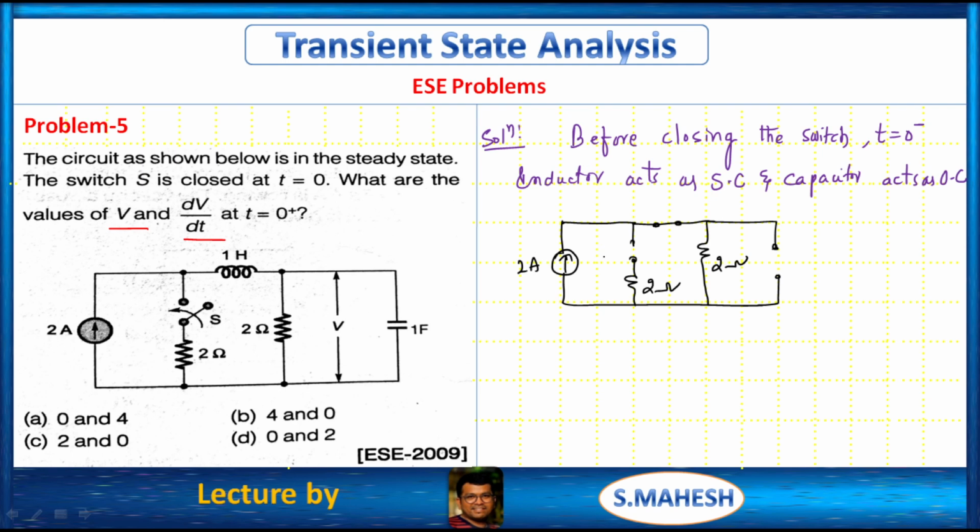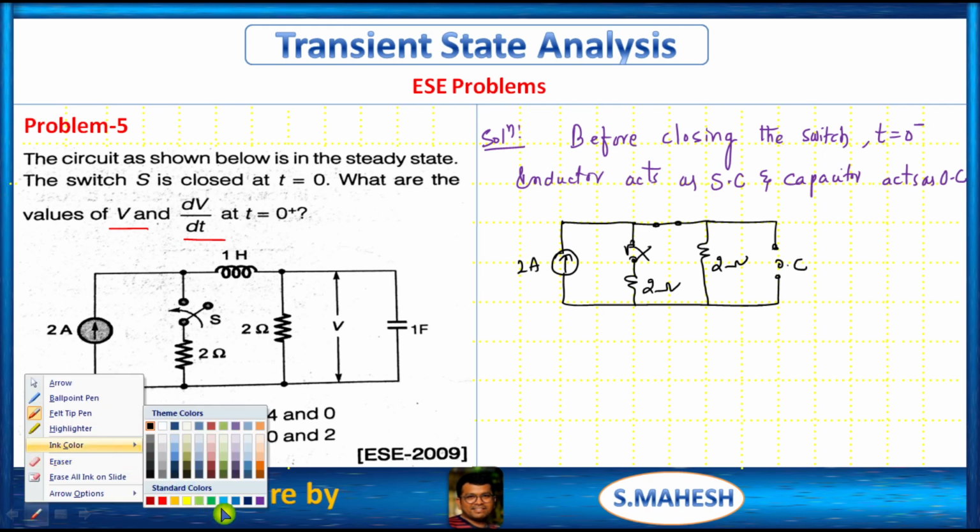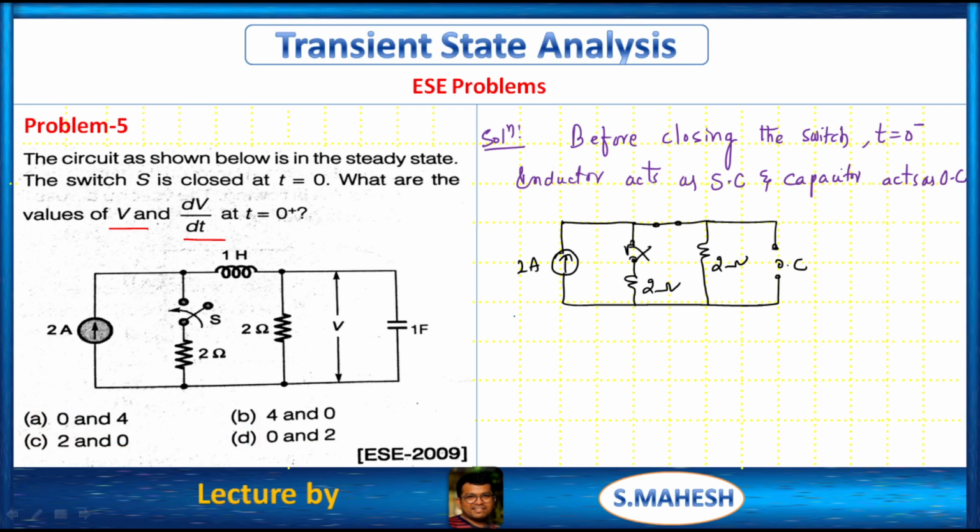That's it. Therefore, the inductor behaves as short circuited. You all know that IL 0 minus should be equal to IL 0 plus, like that VC 0 minus should be equal to VC 0 plus.